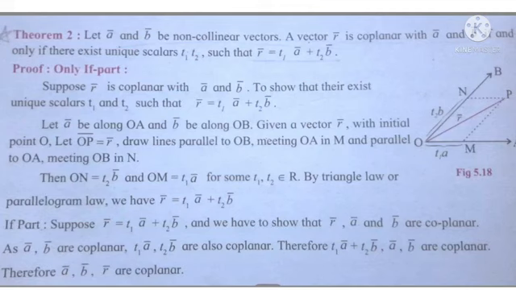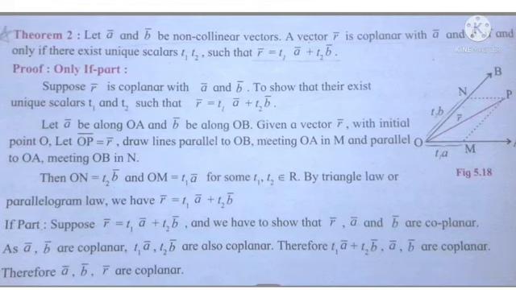Let R bar be coplanar with A bar and B bar. To show that there exist unique scalars T1 and T2 such that R bar is equal to T1 A bar plus T2 B bar. We let A bar be the vector along OA and B bar be the vector along OB. The given vector R bar has initial point O, that is, OP bar is equal to R bar.